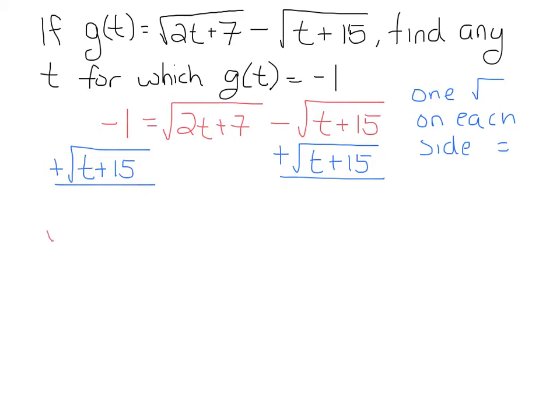So we have the square root of t plus 15 minus 1 equals the square root of 2t plus 7. Now we're going to eliminate at least one of the radical signs by squaring both sides.